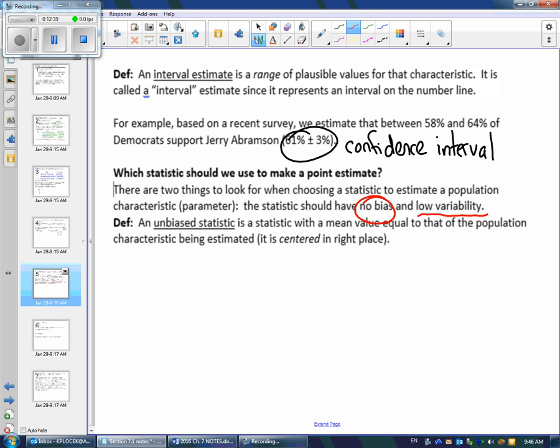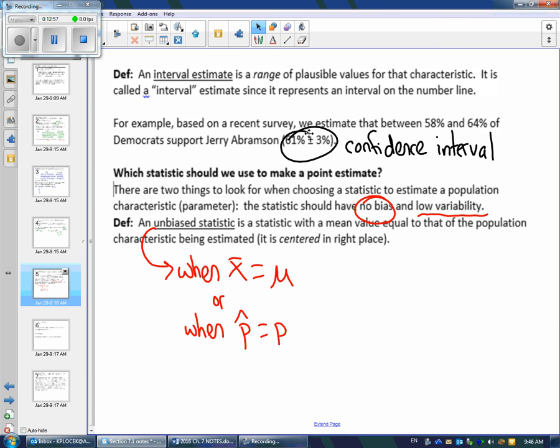So an unbiased statistic could be when X bar actually equals your mu, or if we're talking proportions and categorical variables, when P hat is actually the same as your P. Now, in the ideal world, of course, life's not perfect. That's not going to happen. But the closer it is to equaling it, the closer it is to being an unbiased statistic.